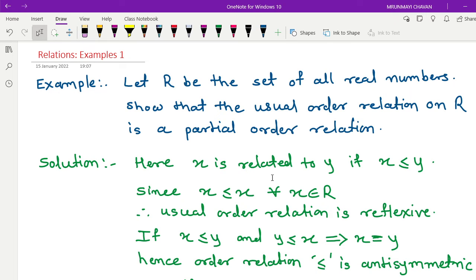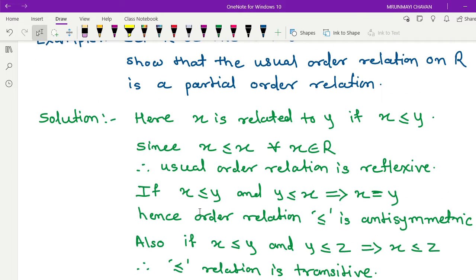If x is related to y, that means x is less than or equal to y. So this is our order relation. Now we have to see whether this relation is reflexive, antisymmetric and transitive.